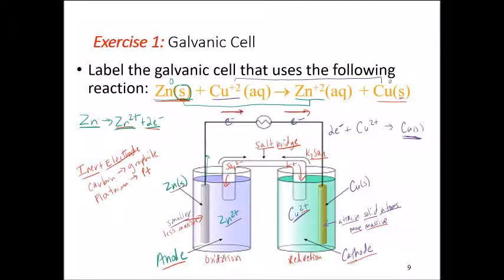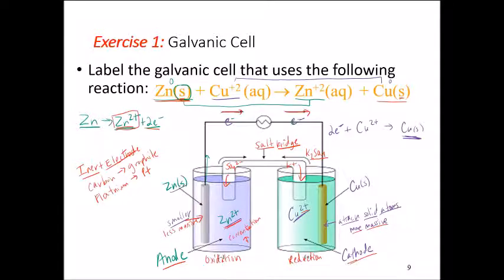Now, another thing to consider besides how massive the electrodes get, or less massive, I should say, for the other side, is what happens to the concentrations in the components? If you think about this, since this side is producing the zinc ion, the concentration over here should be increasing, getting higher, because you're making more of this zinc plus 2.